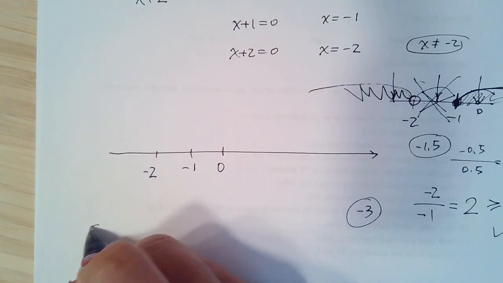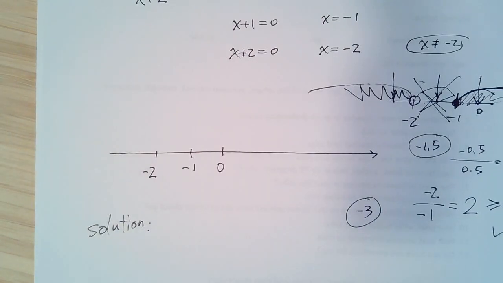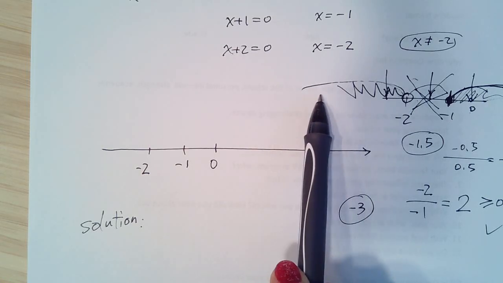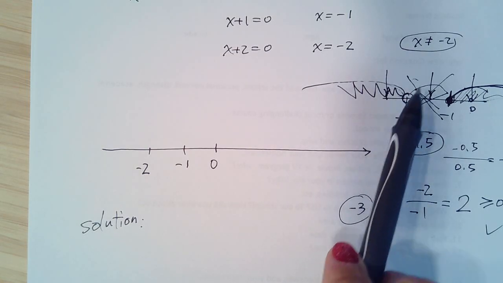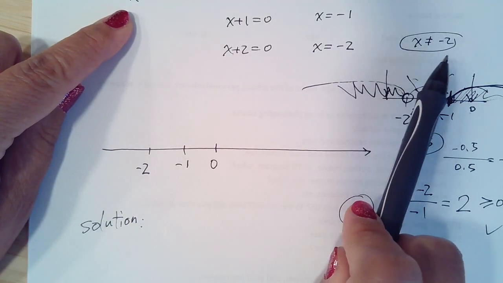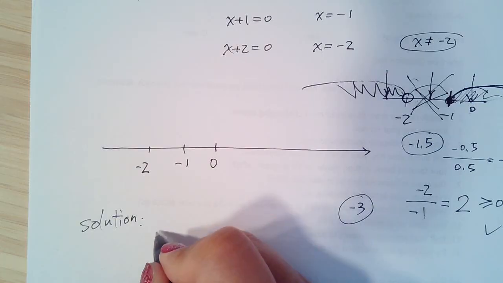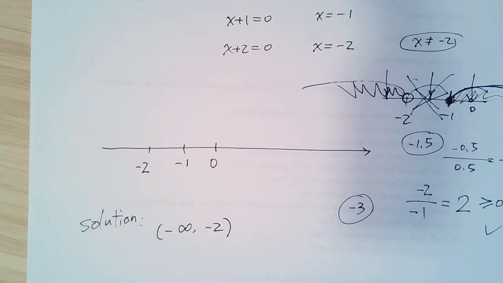So my solution is very tricky here. My solution is anything from negative infinity to negative 2, but it cannot include negative 2. See, there's so many things you have to consider, okay? I'm so sorry for that. So x cannot be negative 2, so that will be negative infinity to negative 2, with parentheses, or anything from negative 1 to the right.